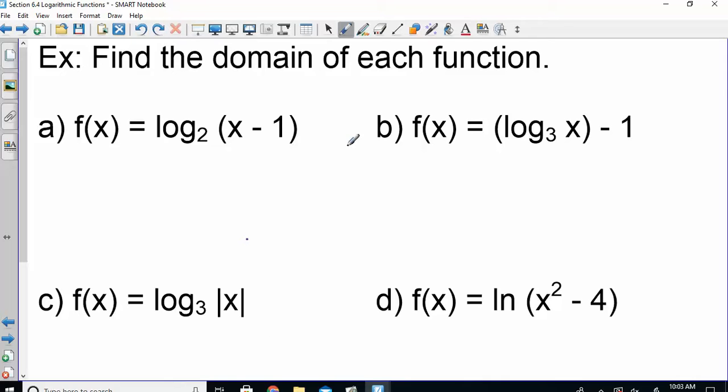And when we wrote down the definition of these logs, what kind of number did I tell you this argument had to be? Positive. So if I'm asking you to find the domain, whatever is in here has to be positive. So that means x minus 1, positive just means greater than 0. So x is greater than 1. Greater than 1, how would I write that in interval? 1 to positive infinity.